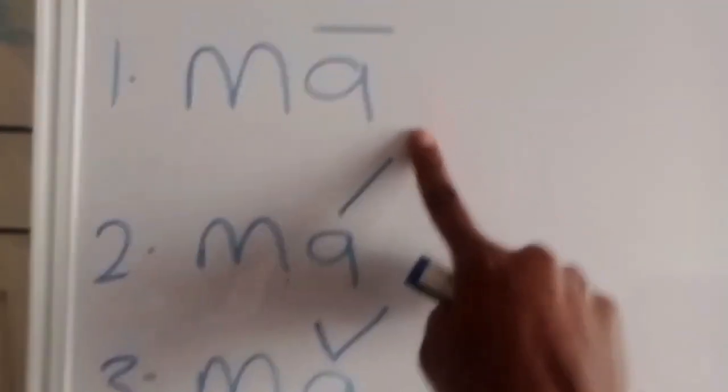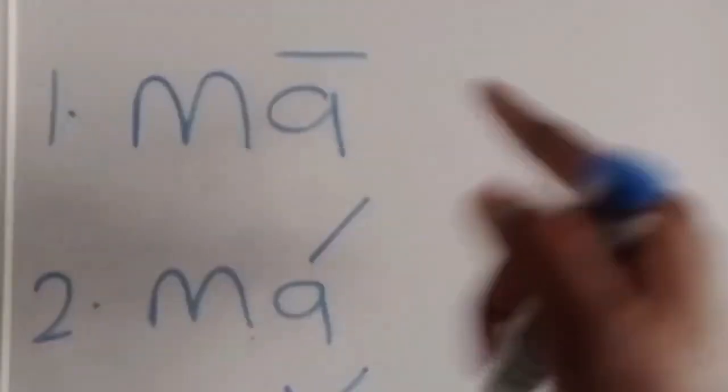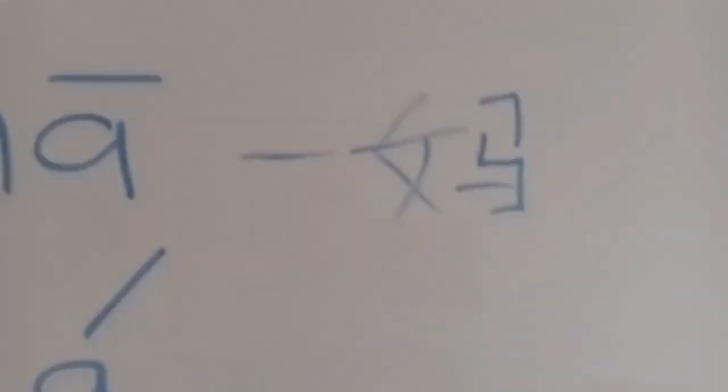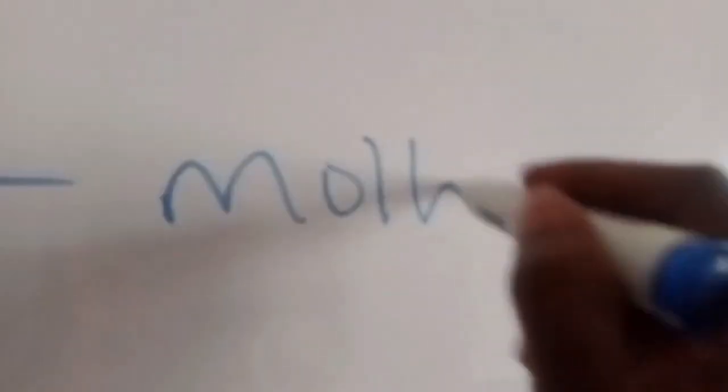Now the number 1 is ma, and it means mother. Ma or mama is how they say mother. This is how to write ma. This is the character for mother. And I'm going to write the meaning in English. Okay, so this one is weed.